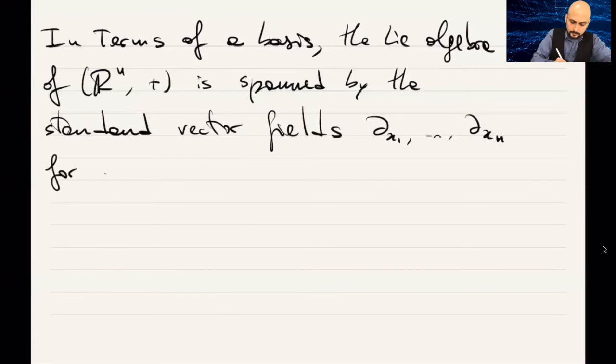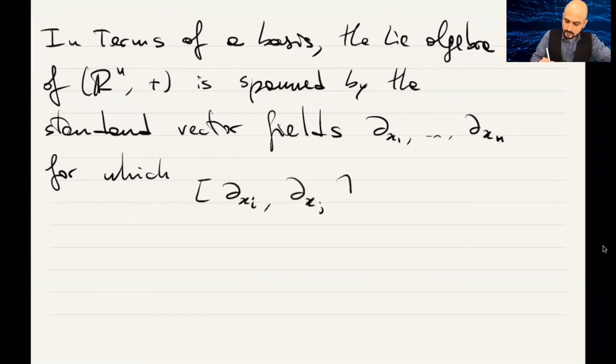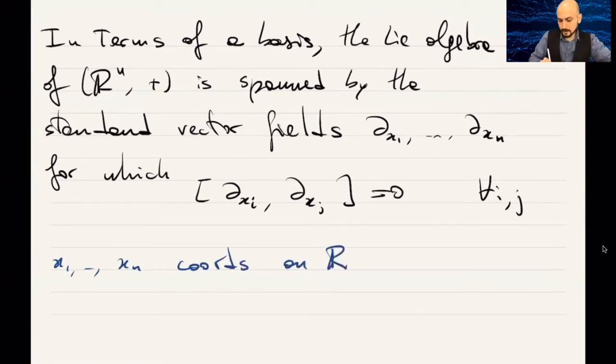For these we have that the bracket of ∂xi with ∂xj is always 0 for all i, j. Okay, so this was the basic example.